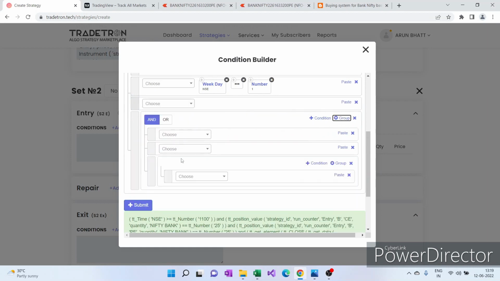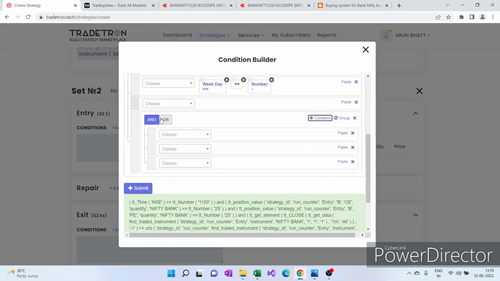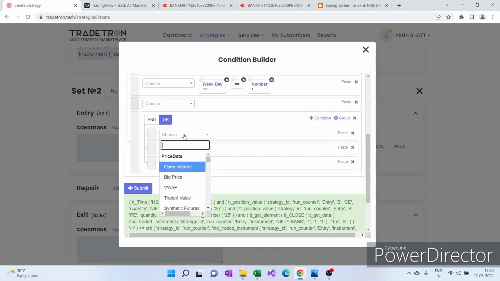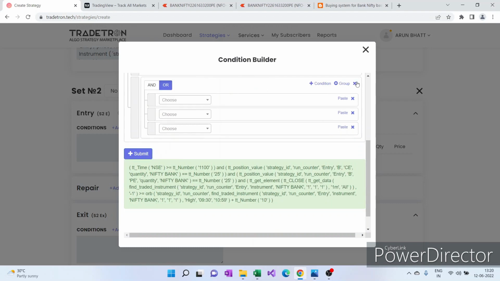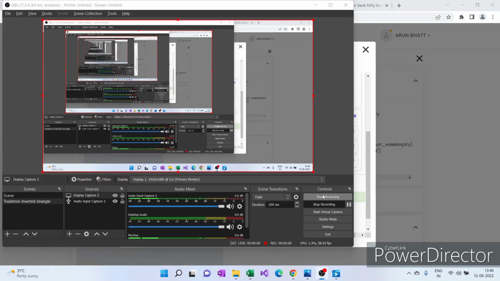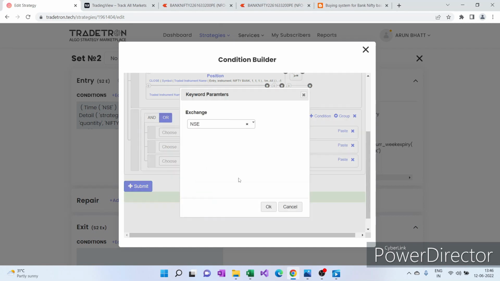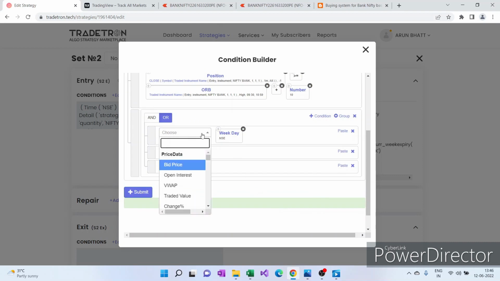So here you can see these are the three, and these are in the OR. So I'll remove this from here. So now here we'll be putting the weekday. One is for Monday.